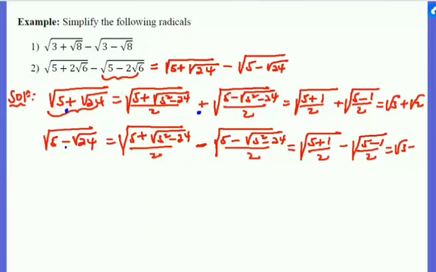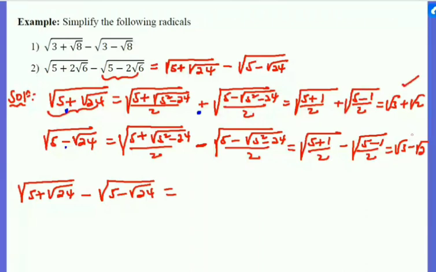Now the question is, what is the difference between radical of 5 plus radical 24 and radical of 5 minus radical 24? The first expression is radical 3 plus radical 2, and the second one is radical 3 minus radical 2. So take in their position radical 3 plus radical 2 minus radical 3 minus radical 2.